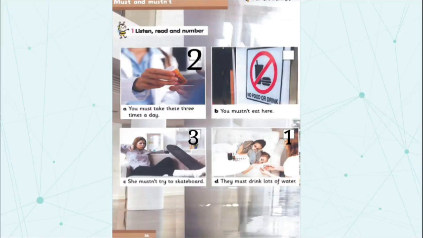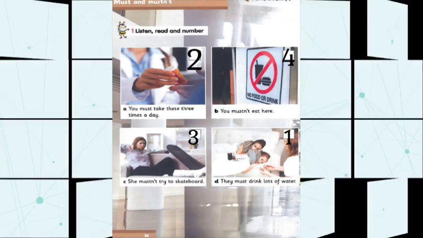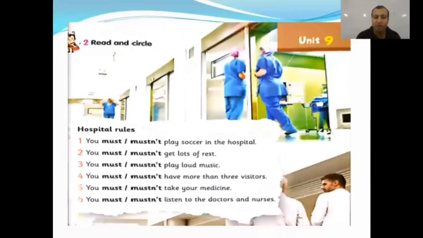Number 4, you mustn't eat here. Here we have some hospital rules. I want you to choose must or mustn't. I'm going to give you about 1 minute to do that. You ready? Let's start.